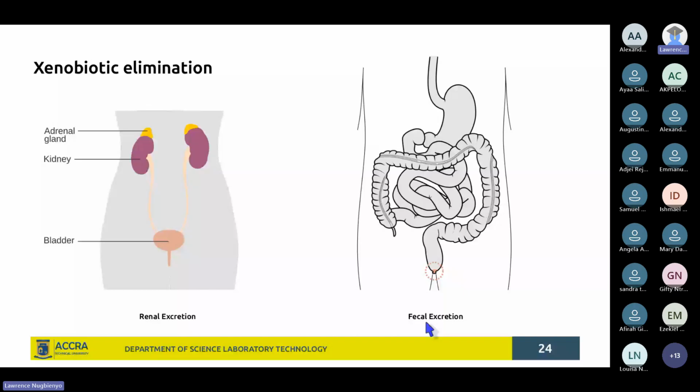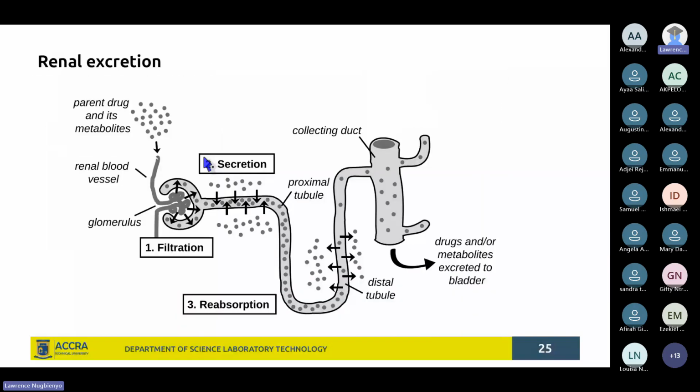By renal excretion, if you remember your senior secondary school biology, if you have a xenobiotic in the bloodstream, it flows into the kidneys. The building block in the kidneys responsible for filtration of substances is the nephron, and in the nephron you have the glomerulus and what is referred to as the Bowman's capsule.